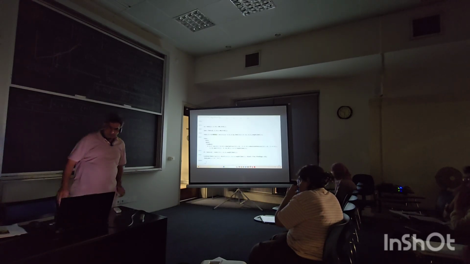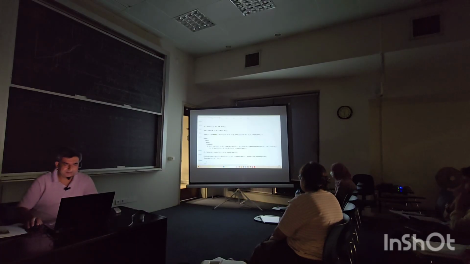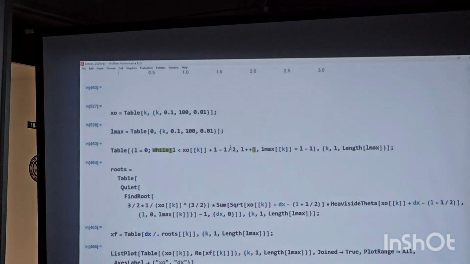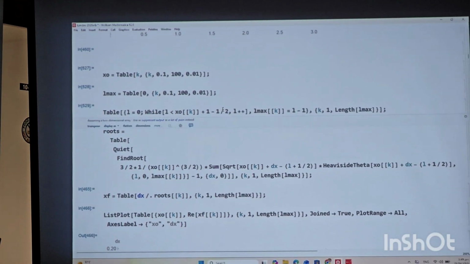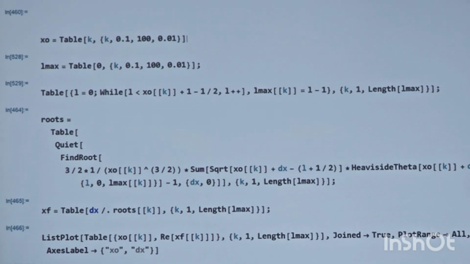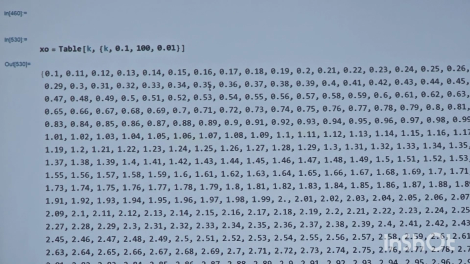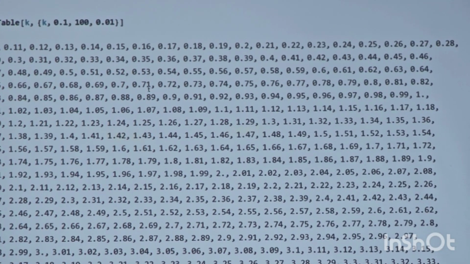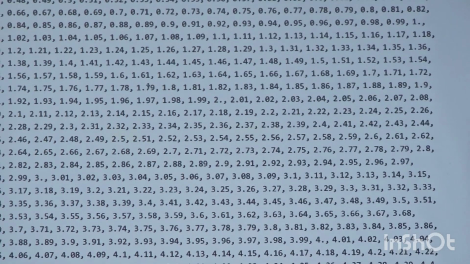Okay? So now I make this table of L maxes. And if you want to see, your X naught is this table, right? Is this large table. These are your X naughts which correspond to your magnetic fields.